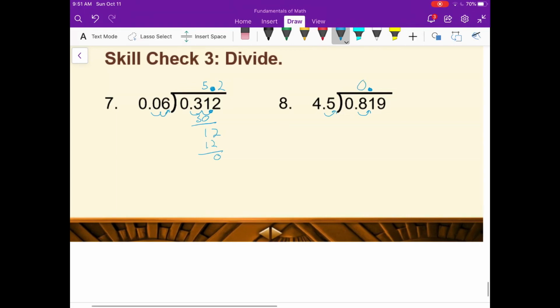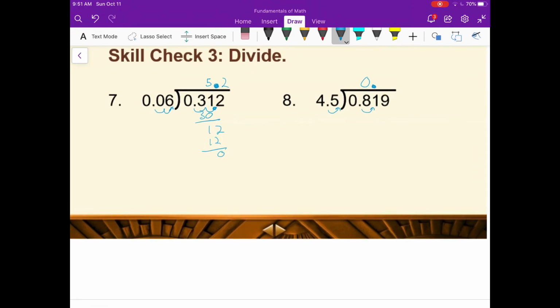45 into 8 doesn't work. We put a 0. 45 into 81, it's actually just 1, because 2 times 45 would be 90. So 45, we need to subtract 7. So 11 minus 5 is 6. 7 minus 4 is 3.